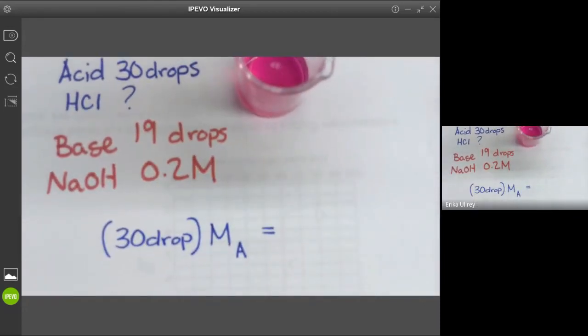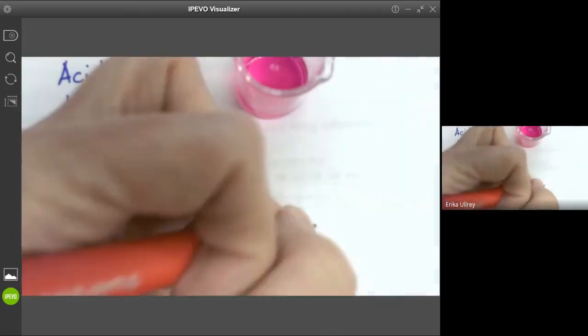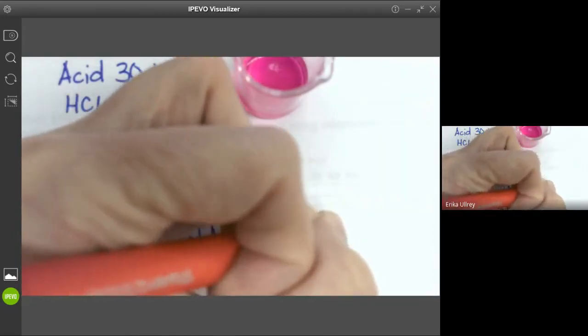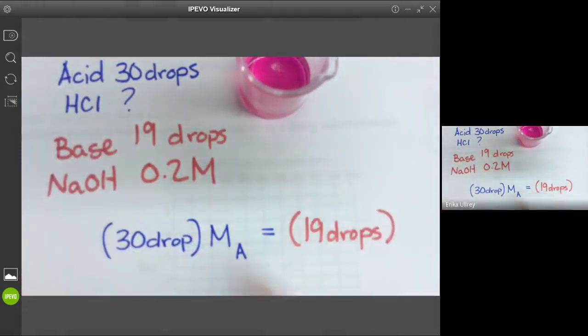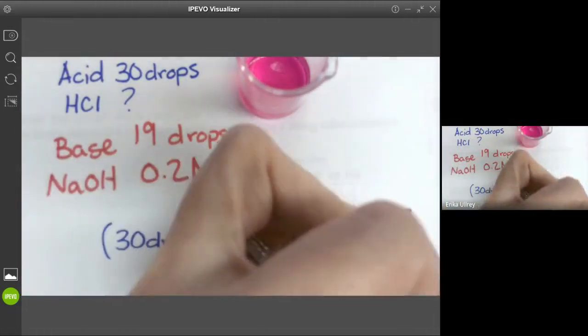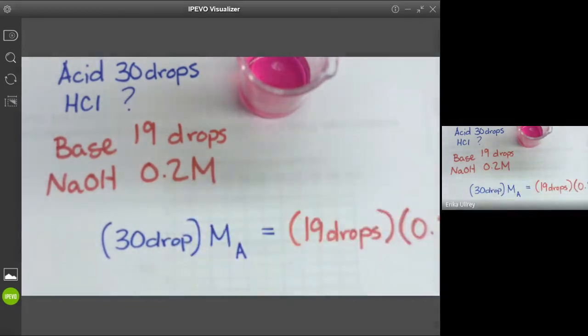So I can take my volume and multiply it by the molarity of my acid, and I can set that equal to my volume of my base, which was 19 drops, times the concentration of my base. Okay. And I should be able to find the molarity of my acid.